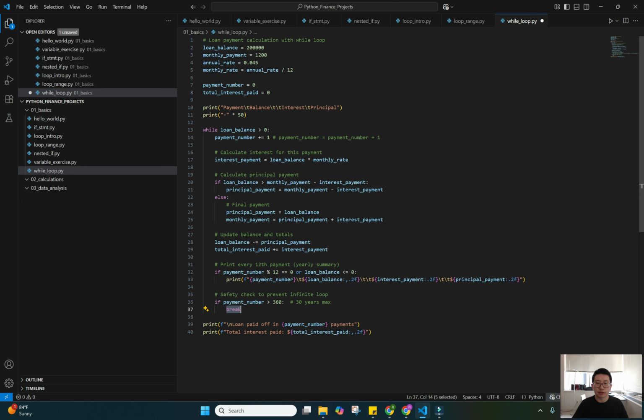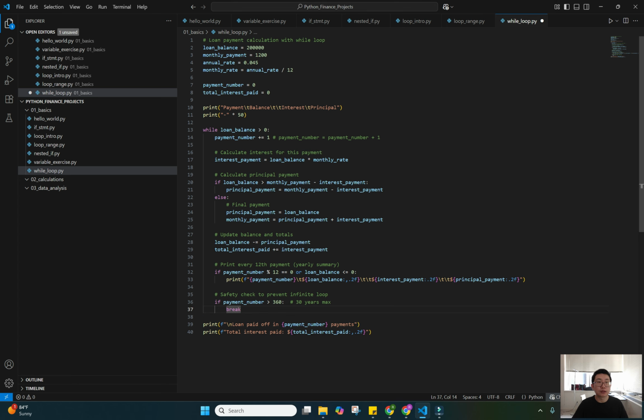This break will simply break the loop if it goes to more than 360 months. Then after all of that is calculated, we will print the payment number showing how long the loan took to pay off, and also the total interest paid for the entire loan. This is what we're going to show at the end.